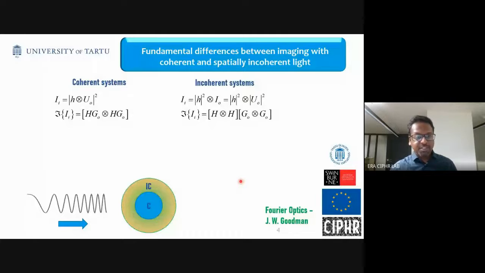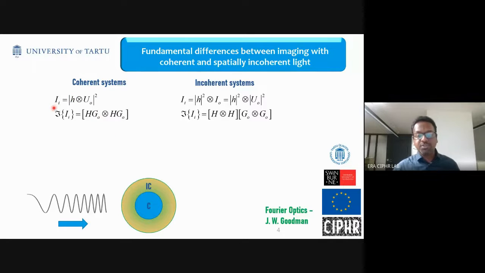The same statements I have written in terms of equations. This is the equation for imaging using coherent systems. This small h you're seeing here is the PSF, or the point spread function, and this u is the object function, the complex amplitude function. And this convolution operation, as you saw in the previous figure, transfers this PSF to every point of this object.